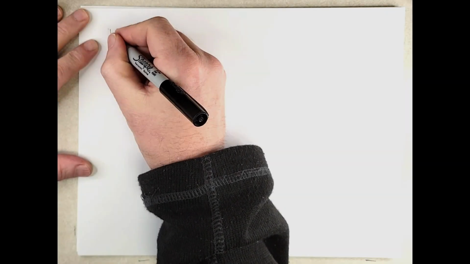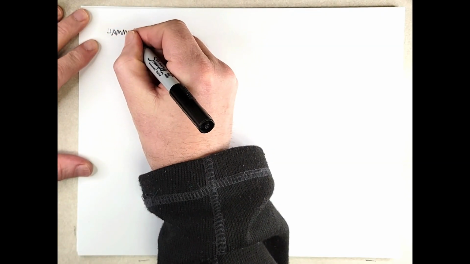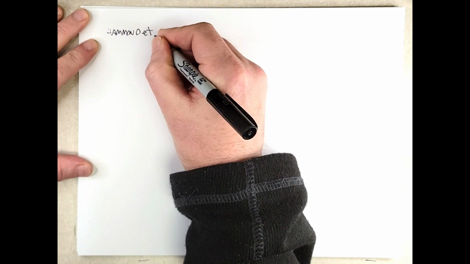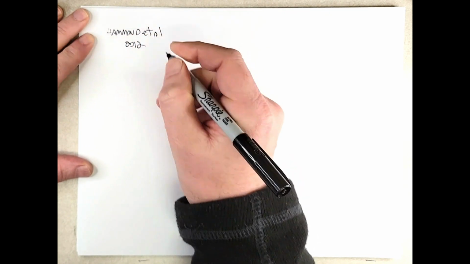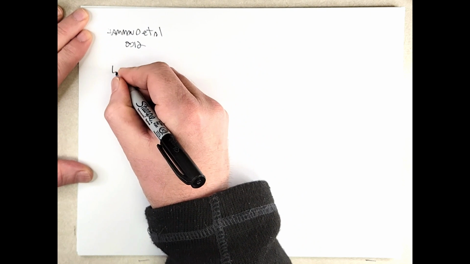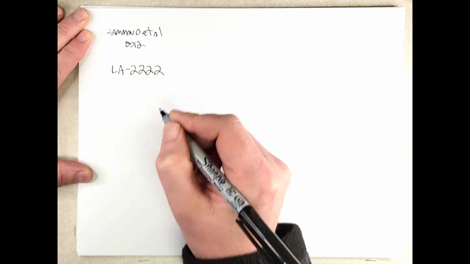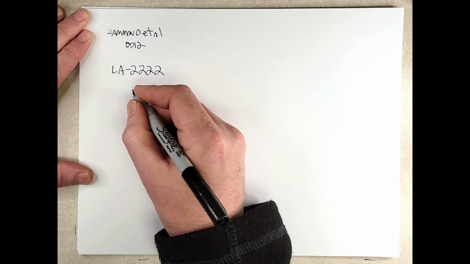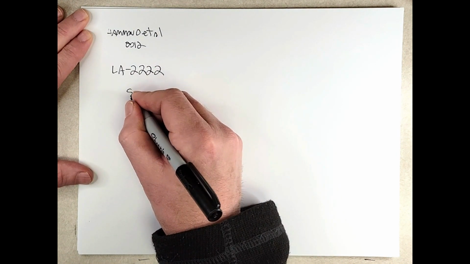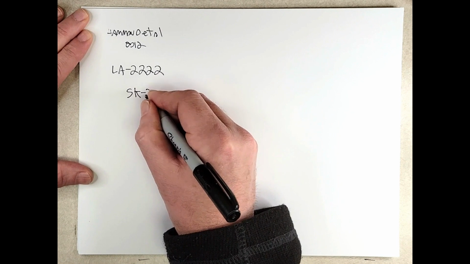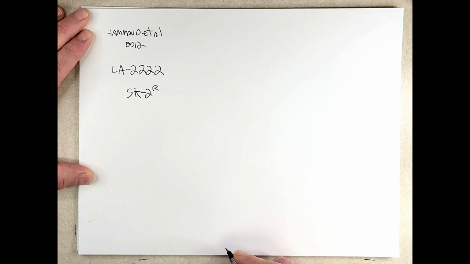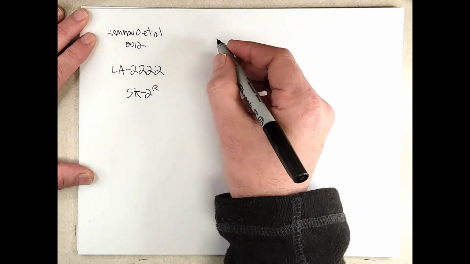Okay, so Hammond et al. 2012 focused on a strain of Neurospora crassa called LA2222. Now this strain is an SK2R strain, meaning it is resistant to spore killing, but it is not a spore killer itself.